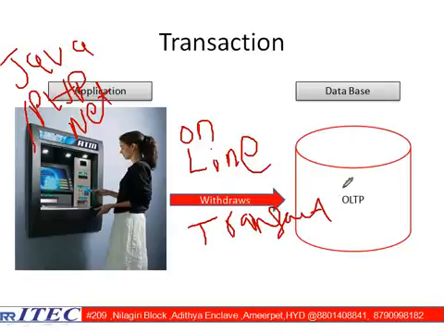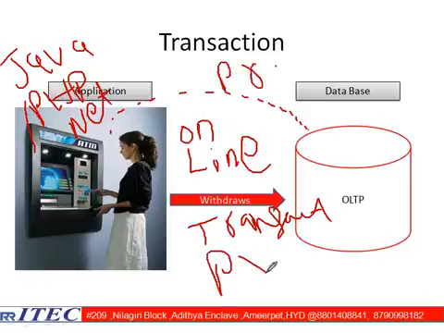That means the Java code is internally calling some kind of database, or not, sir? It is calling some database internally and trying to insert this transaction into the database. The process of inserting data from the application to the database is called a process.